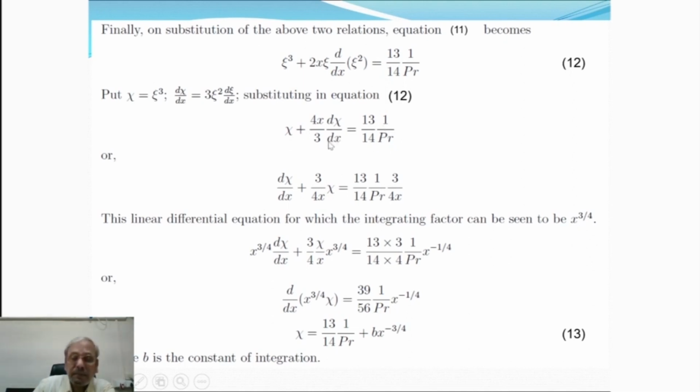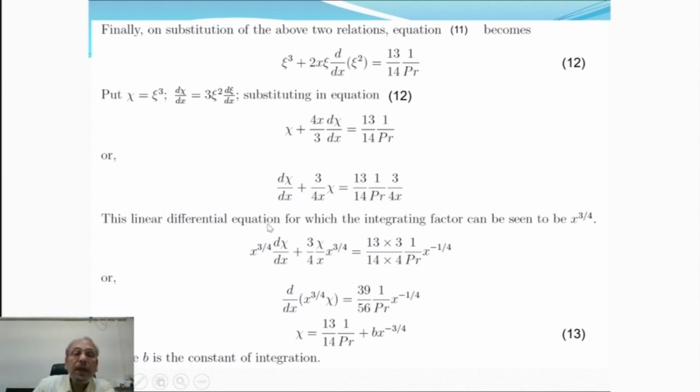We can rearrange this equation as dχ/dx plus 3/(4x) into χ equal to 13/14 1/Pr into 3/(4x).